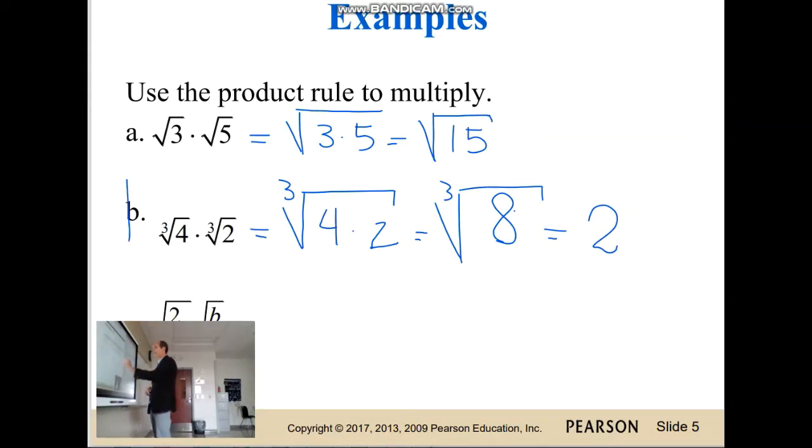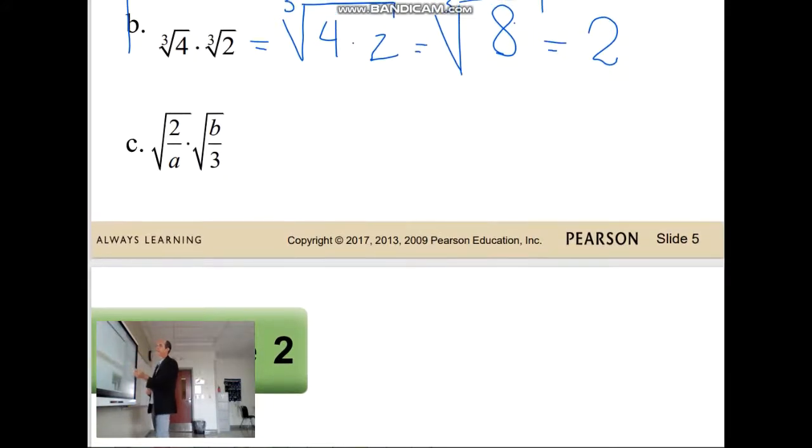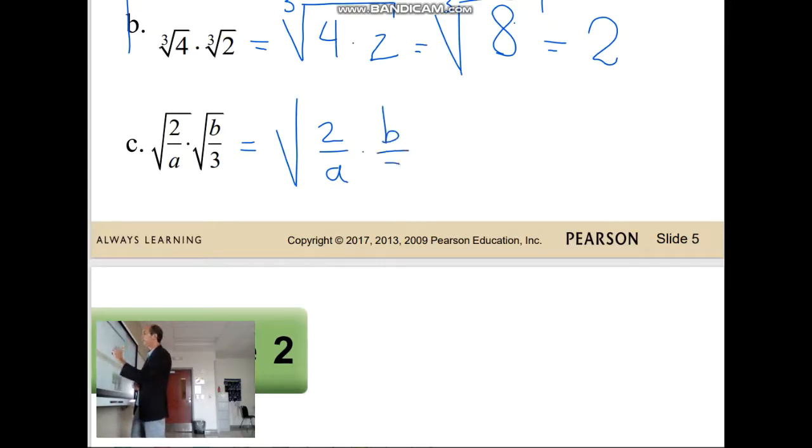And the next example here, moving up, we have the square root of 2 over A times the square root of B over 3. This is equal to the square root, and we're going to multiply the fractions, 2 over A, let's do it step by step, times B over 3.